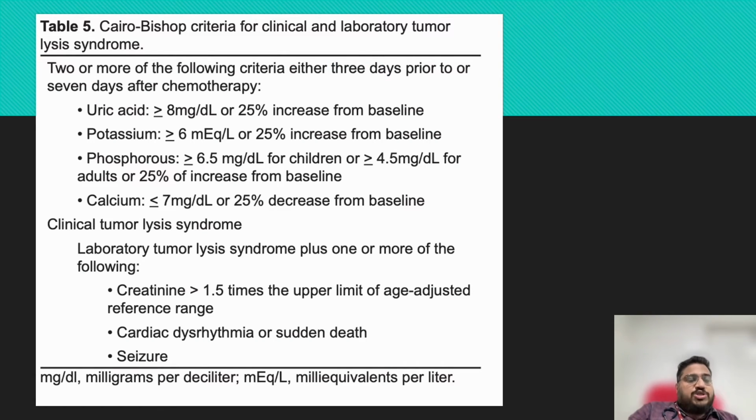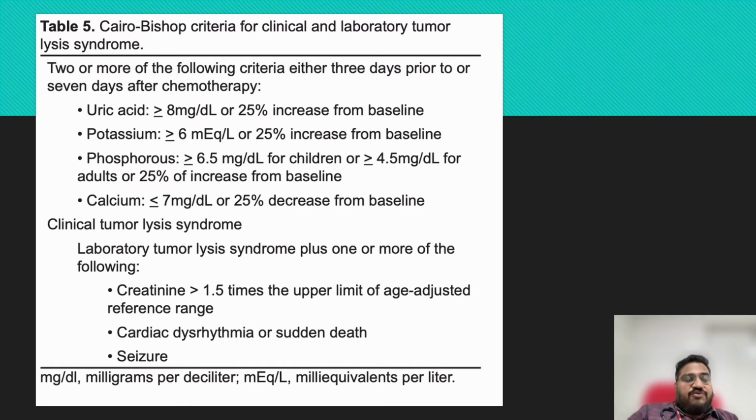That is the Cairo-Bishop criteria for clinical and laboratory tumor lysis syndrome. Two or more of the following criteria, either 3 days prior to or 7 days after chemotherapy: uric acid above 8 milligram per deciliter or 25% increase from the baseline. That is one important thing. Or serum potassium of more than 6 milliequivalents or 25% increase from the baseline.